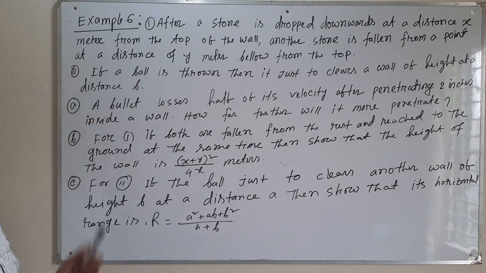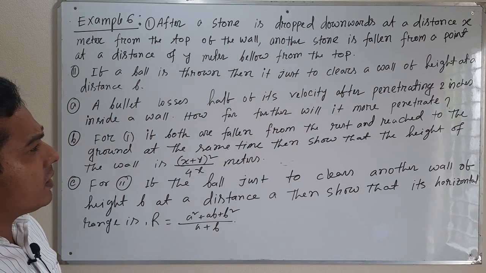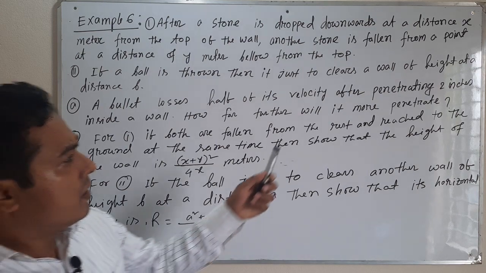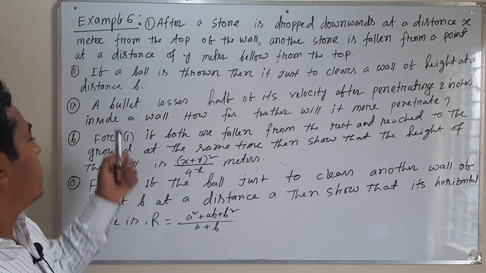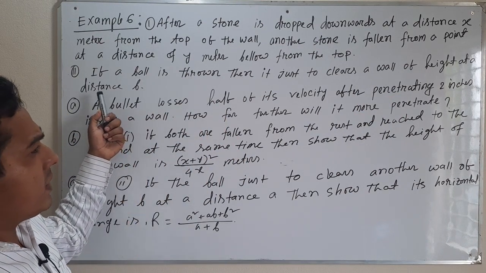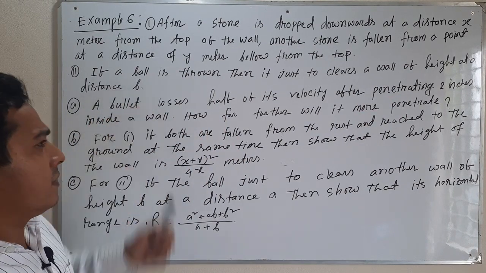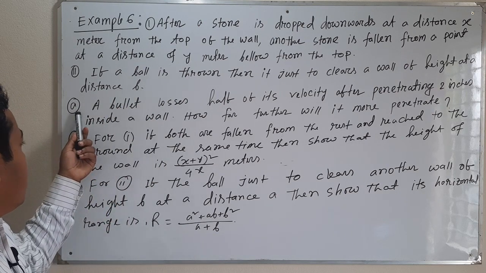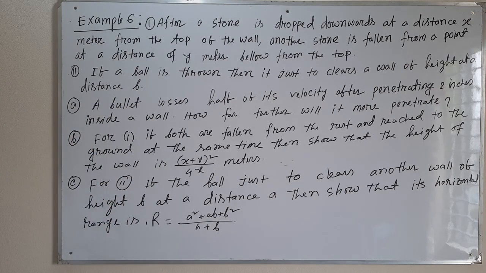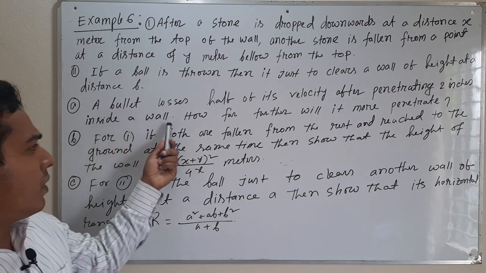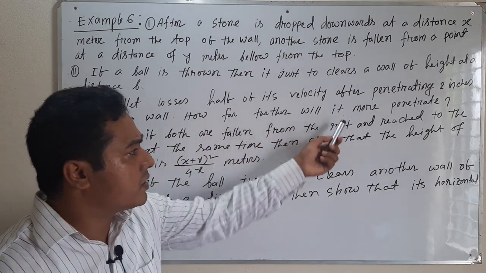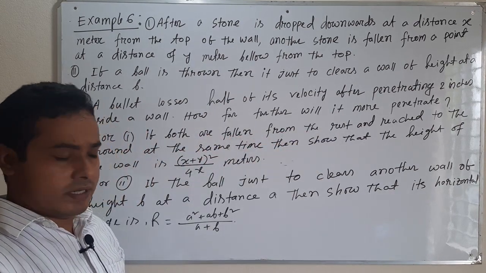Second information: if a ball is thrown, then it just clears a wall of a height at a distance b. Question A: a bullet loses half of its velocity after penetrating 2 inches inside the wall. How much further will it penetrate?